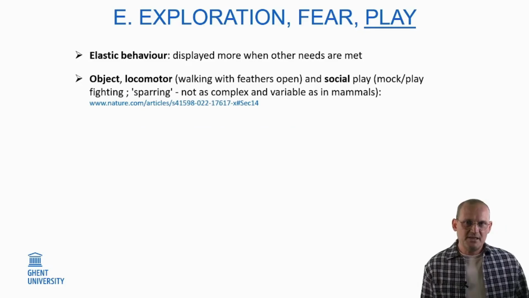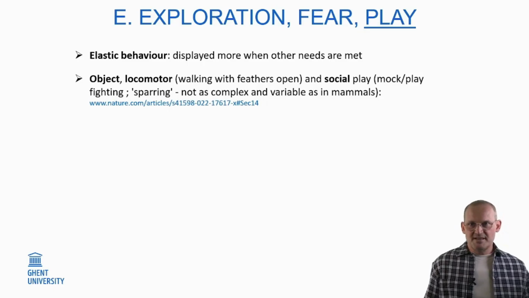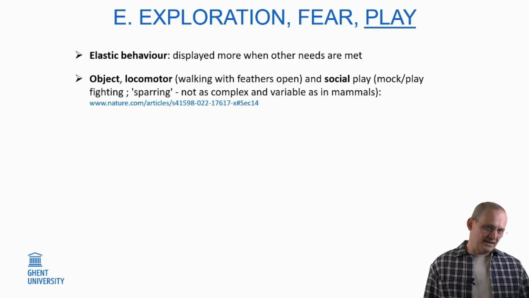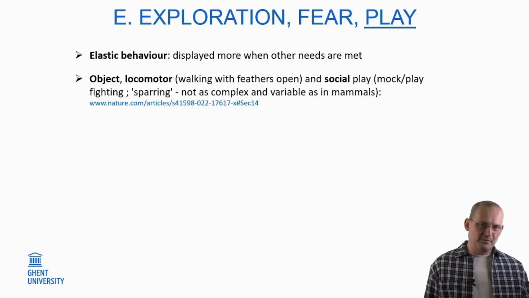What about play behavior? Well, play behavior in chickens is typically known as an elastic behavior. And we mean by that that play behavior is displayed more when all other behavioral needs are being met. And if not, we won't see a lot of play behavior.